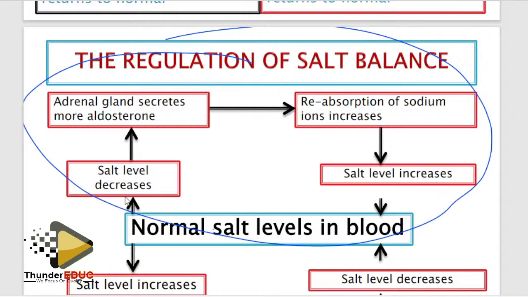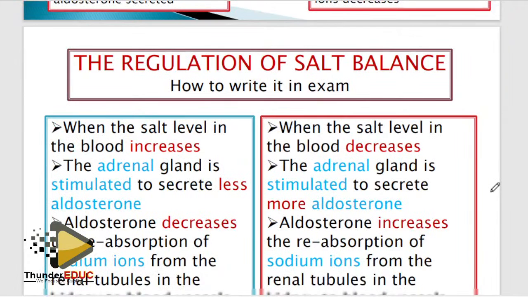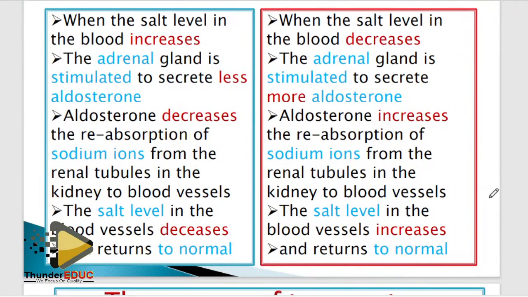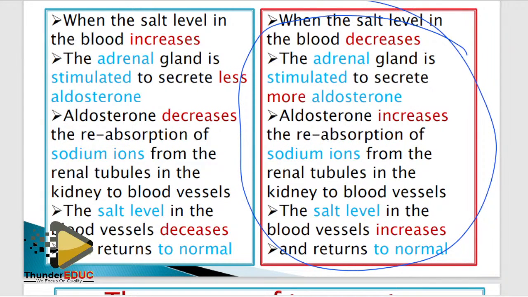Now, when the salt level decreases, the adrenal gland will secrete aldosterone. The aldosterone will make the membrane of the nephron permeable to sodium ions, and then reabsorption will take place. Once it takes place, the salt level goes back to normal.